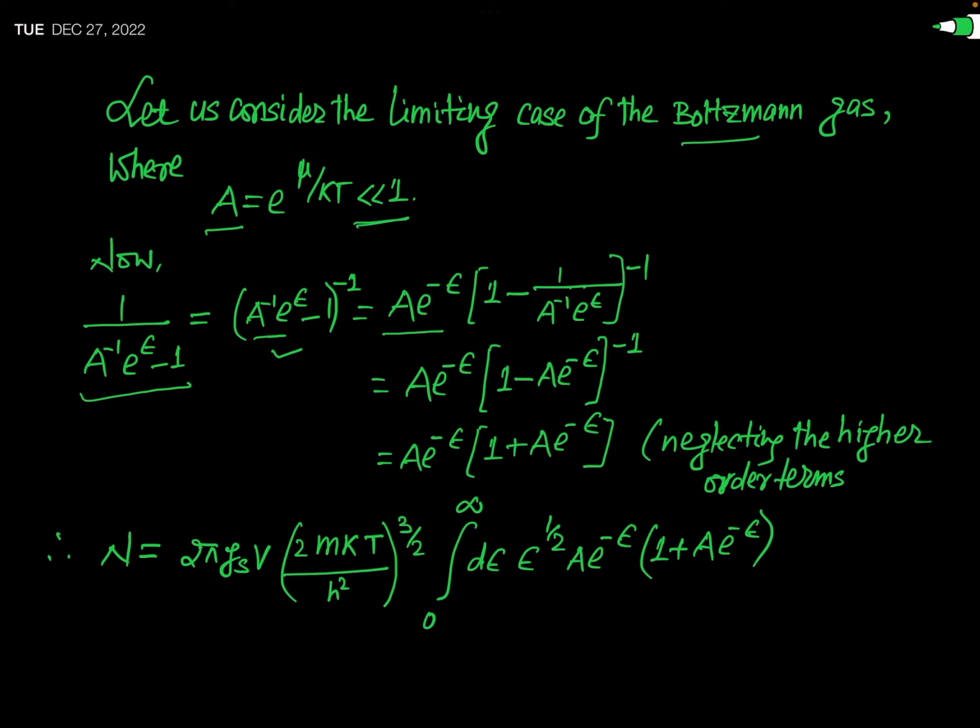The first term will be 1, and the second term will be 1 over a inverse e to the power epsilon, and whole to the power minus 1. Now take this a inverse e to the epsilon in the numerator, that will be in fact a times e to the power minus epsilon.